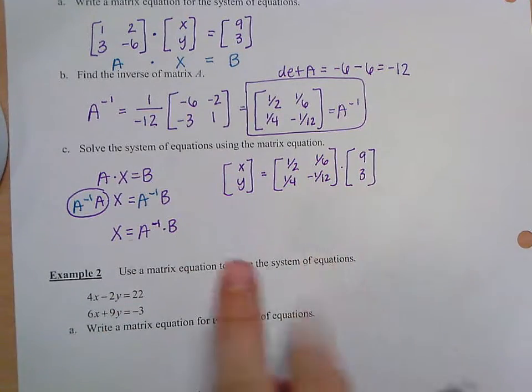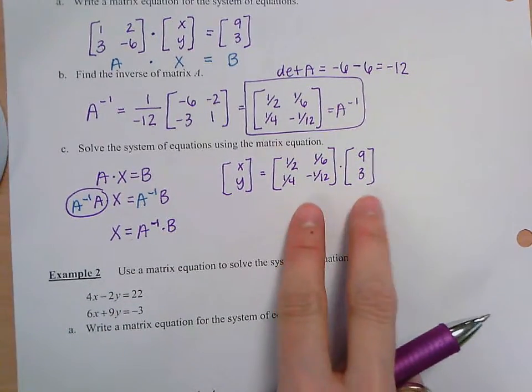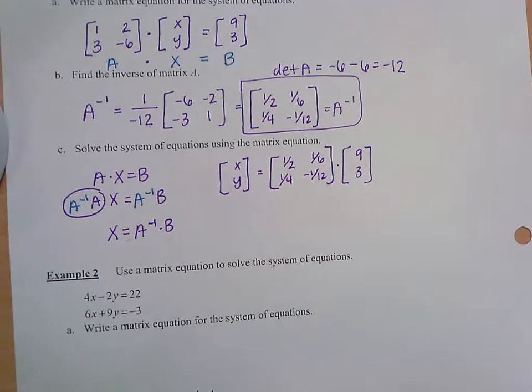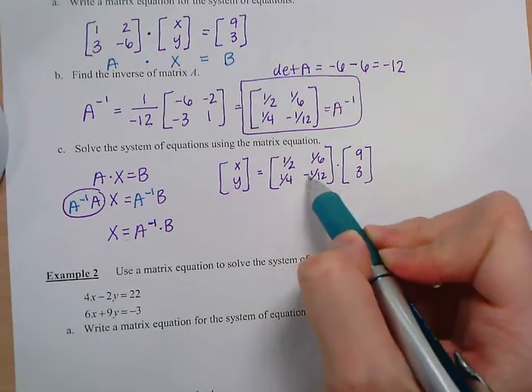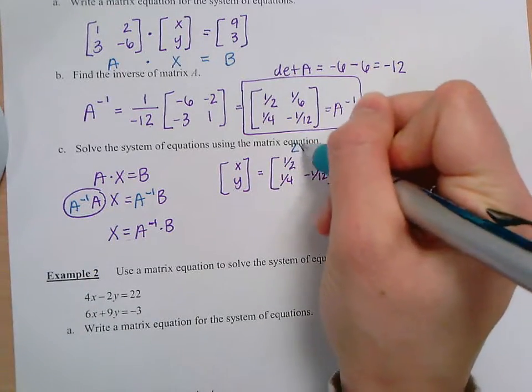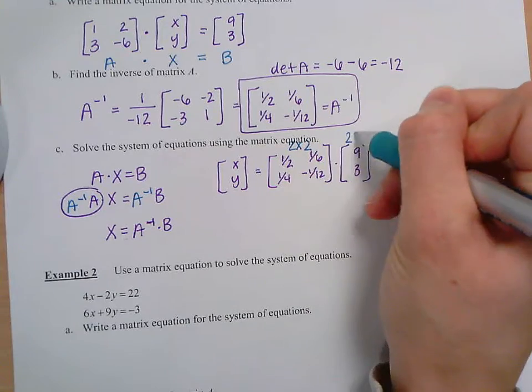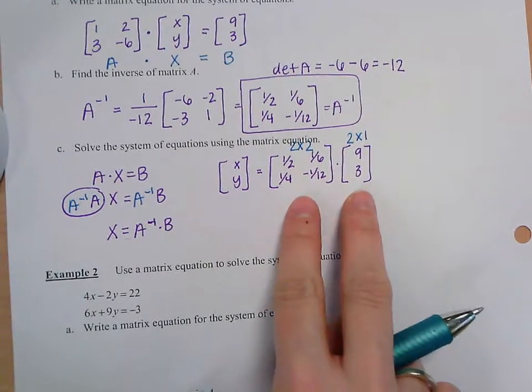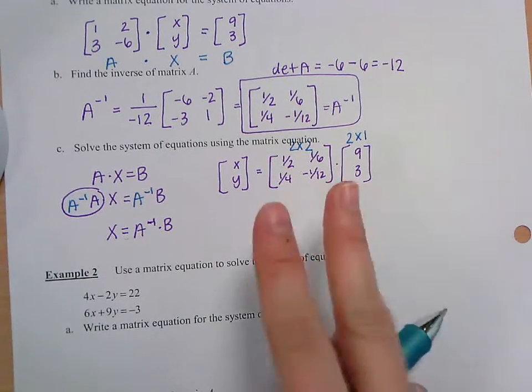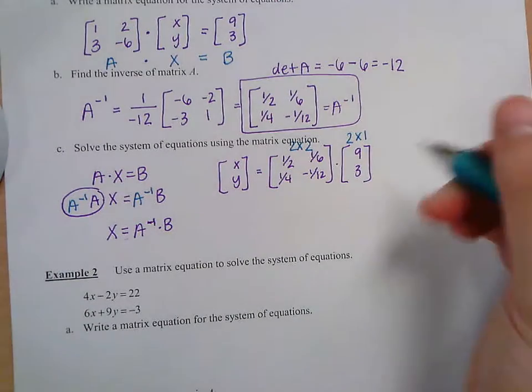And then notice too why the multiplication has to be in this order. You have to be able to multiply the matrices. So this matrix A inverse is a 2 by 2. The matrix B is a 2 by 1. So if I had this order switched around, I actually wouldn't be able to multiply those.